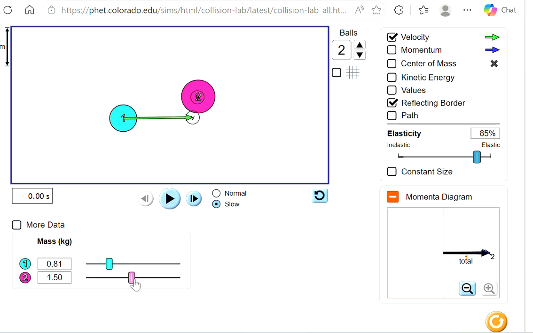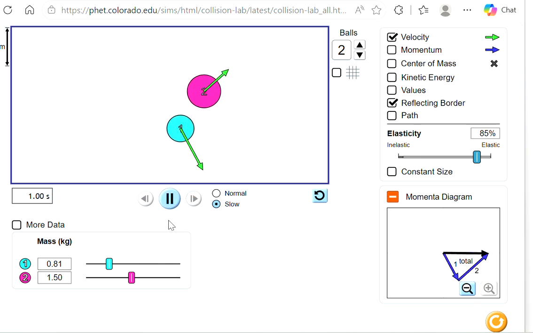You can adjust the masses here of the two objects, adjust the velocities, etc. Let's see what is going to happen. So they collide, and after collision, one moves in this direction with a particular velocity, two moves in another direction. You can see that the two velocities are no more aligned, so we have a two-dimensional problem now.